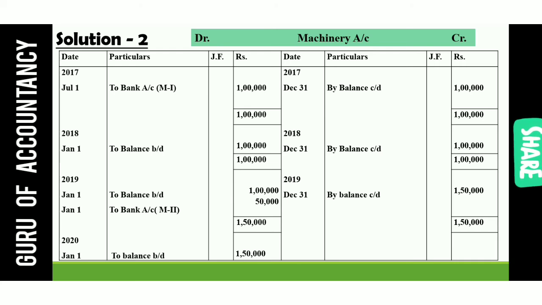In other entries we write depreciation and provision for depreciation, and in the third entry we write profit and loss account to depreciation. So in the machinery account every year the balance will just be carried forward. In 2019 you can see on the debit side, we have purchased a second machine, so it is debited to bank 50,000. So in this way we have a total amount of machinery of rupees 1,50,000.